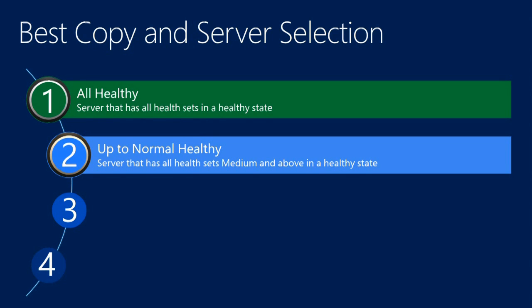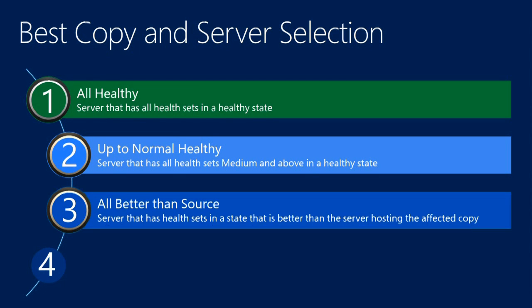So IMAP has a lower priority than something like Active Directory, or even a more commonly used protocol like Outlook Web App or Exchange Web Services. There are some things we can limp along without in a bad state, but other things are super high priority and we can't operate without them. So we're looking at all the health sets that have a medium or higher priority, and we're looking to see if they're all healthy. If they are, that would be the candidate that we would fail over to.